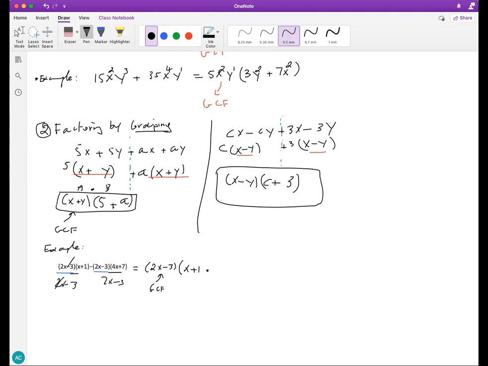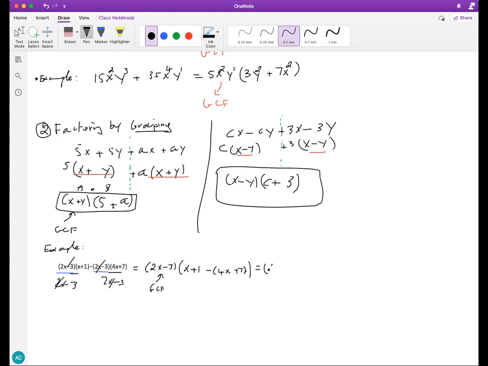Then we have minus. And if you divide this by the GCF, we cancel these, and you have negative 4x plus 7. Close the bigger parentheses. Then you can try to simplify this inside a little bit.